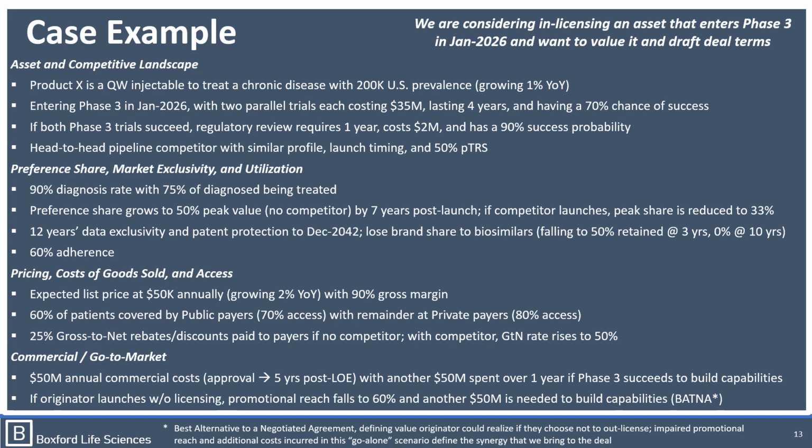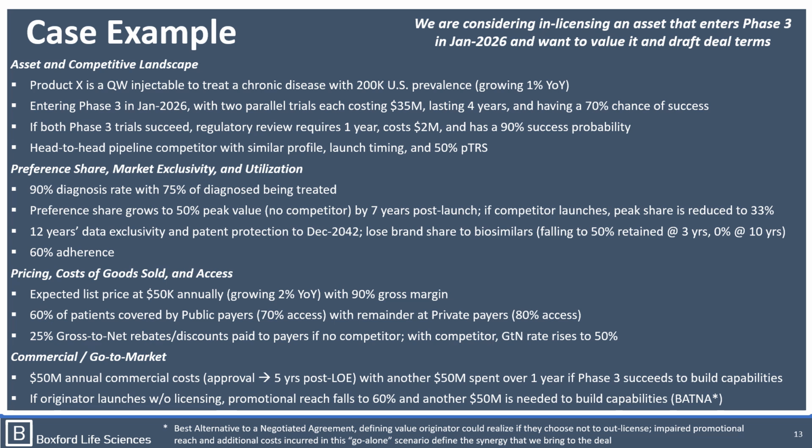But if we do have a competitor, then the peak share is going to be reduced to 33%. We have 12 years of data exclusivity and patent protection through the end of 2042. And then after LOE, we lose brand share to biosimilars slowly over time, falling to 50% retention by 3 years and complete loss by 10 years.